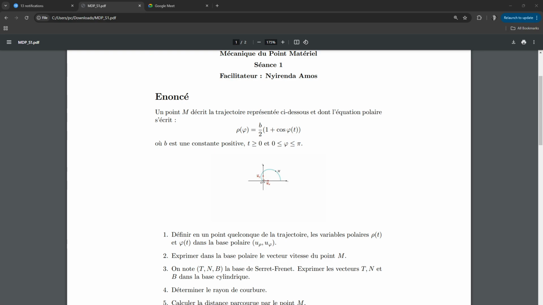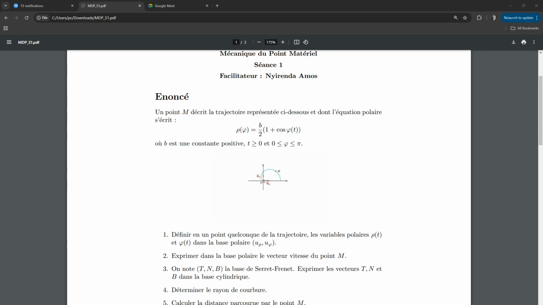Now, yesterday, if you remember very well, I gave you a formula where, when we take the norm of the vector acceleration and the vector vitesse, you'll be able to deduce the expression for the radius of curvature.